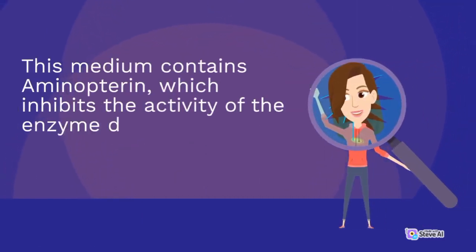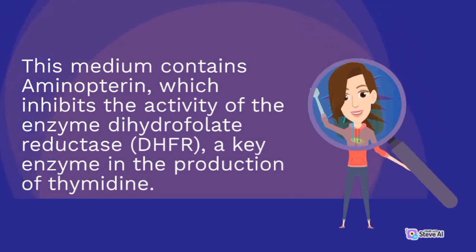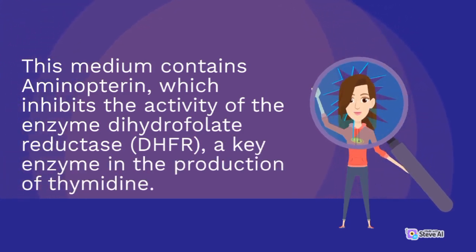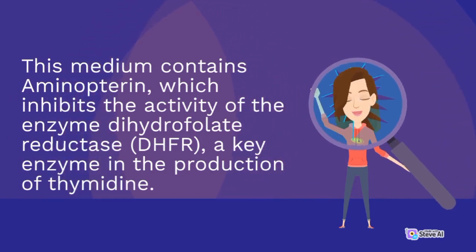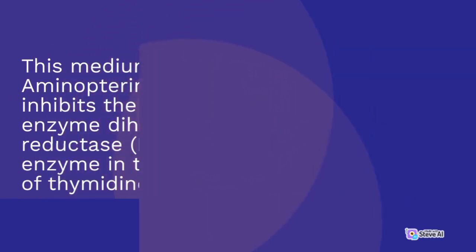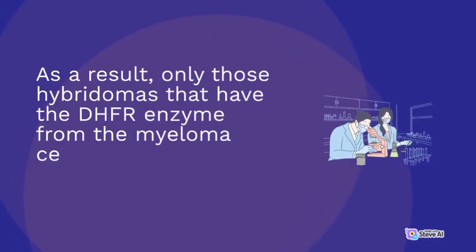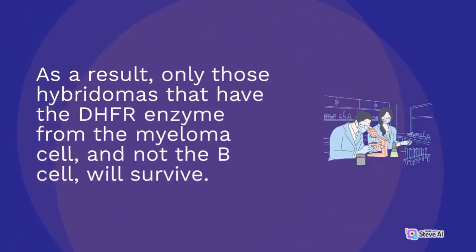This medium contains aminopterin, which inhibits the activity of the enzyme dihydrofolate reductase, DHFR, a key enzyme in the production of thymidine. As a result, only those hybridomas that have the DHFR enzyme from the myeloma cell, and not the B cell, will survive.